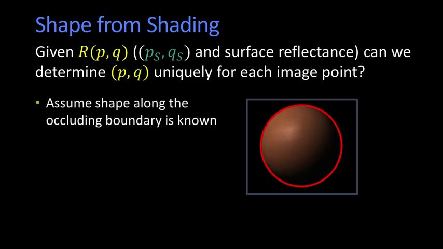Assumption number one is that, for example, at this boundary, which is drawn in red, we're going to assume the shape is known. Everywhere at this boundary, because it's falling off, I know that the surface normal is 90 degrees from the camera. So I know something about the surface orientation.